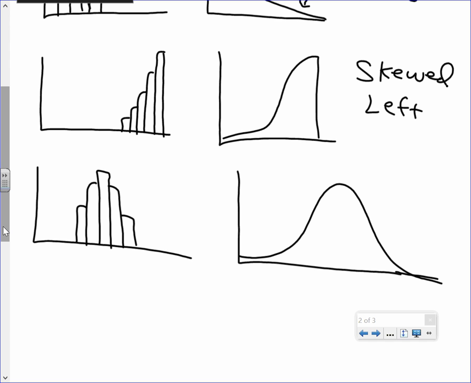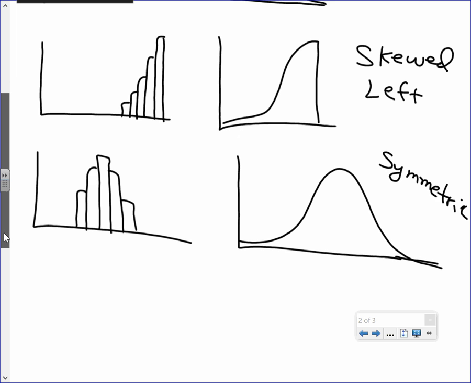So this would be symmetric from last week. The right and the left side are kind of the same. Symmetric.